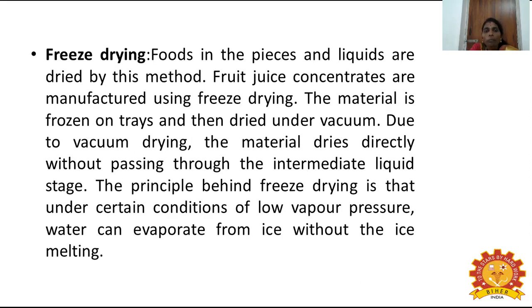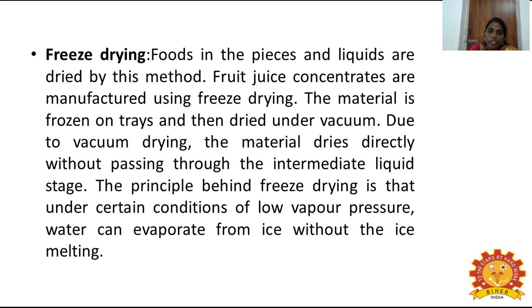Next, freeze drying. Fruit pieces and liquids are dried by this method. Fruit juice concentrates are manufactured using freeze drying. The material is frozen on trays and then dried under vacuum. Due to vacuum drying, the material dries directly without passing through the intermediate liquid stage.